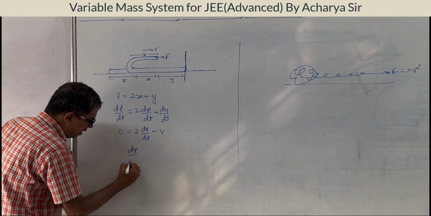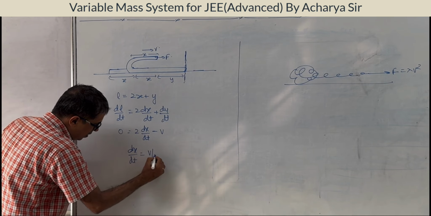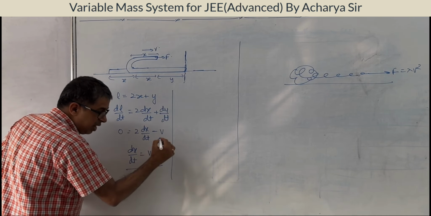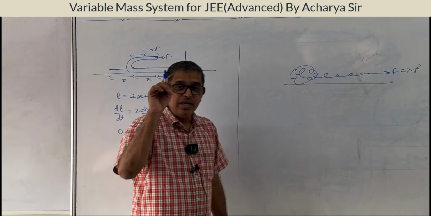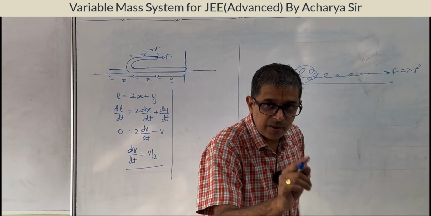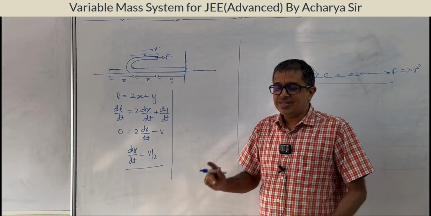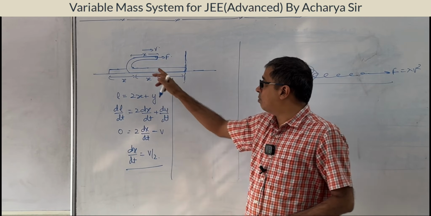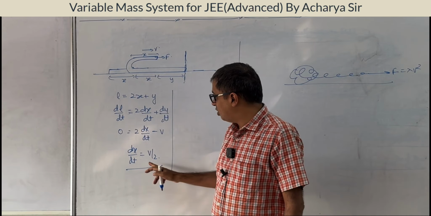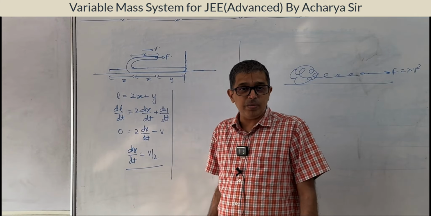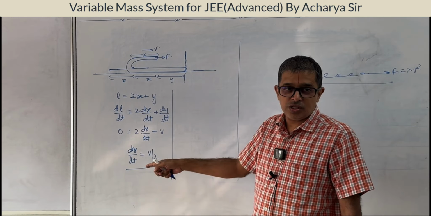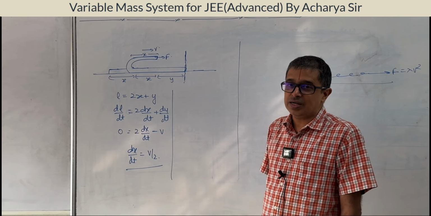So technically dx by dt is v by 2. That's the main catch in the problem. Even 200 Puzzling Problems in Physics did not describe it this way. They just gave a verbatim statement stating that this dx by dt will be v by 2. Unless you show this mathematically, you will not understand this.